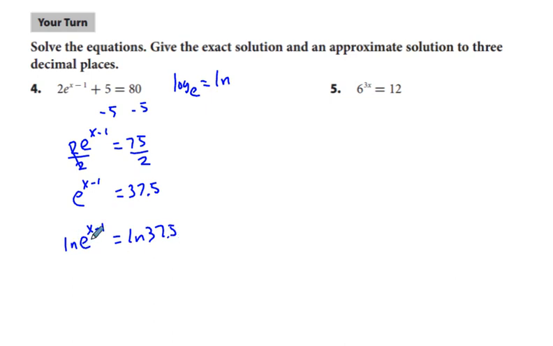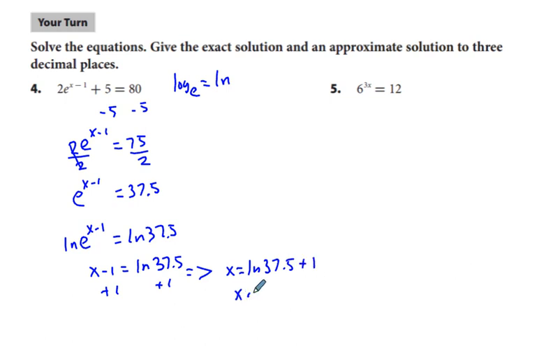And ln and e will cancel each other. The log base e of e is 1. So we have x minus 1 equals natural logarithm of 37.5. And we add 1. We're going to write here, x is equal to natural logarithm of 37.5 plus 1.